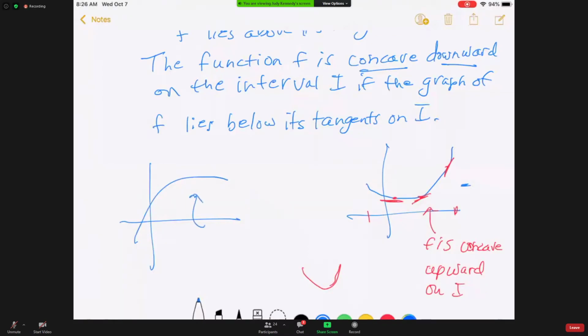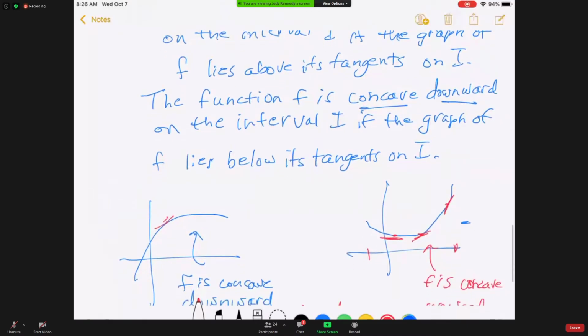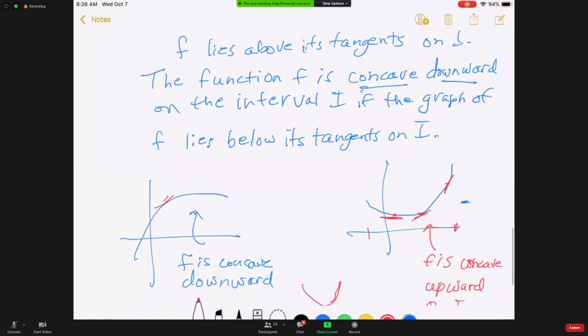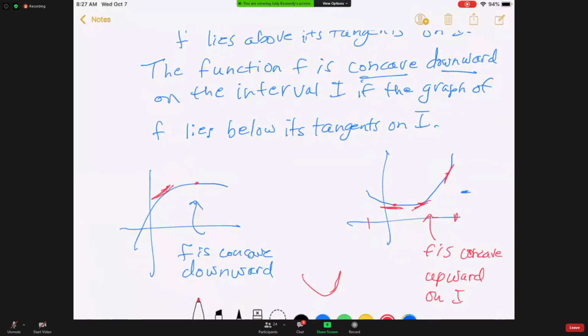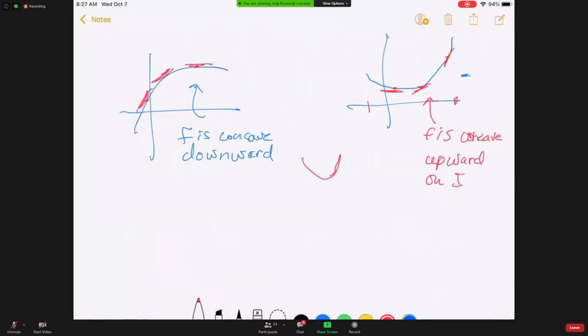This is concave down. Because the tangent lines here, oh, I said below. Oh, no, that's right. The graph is below. Yes. The tangents are above. So this is going to tell us how the graph is curving.